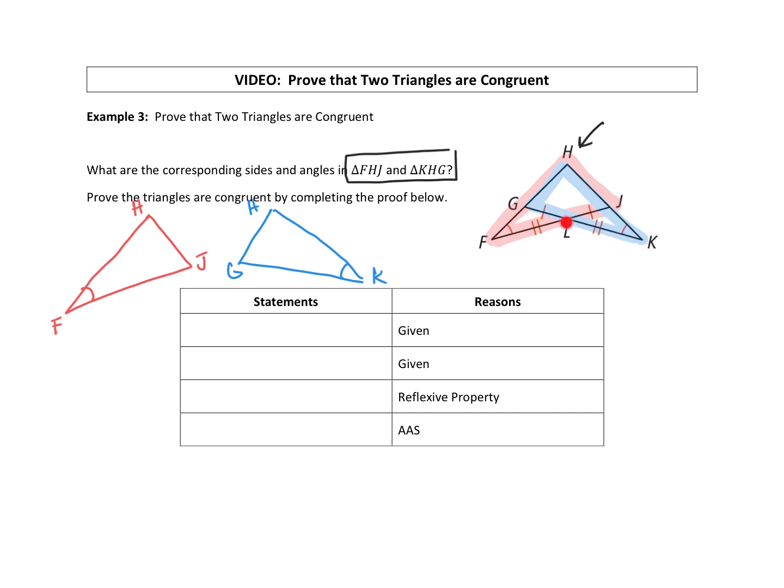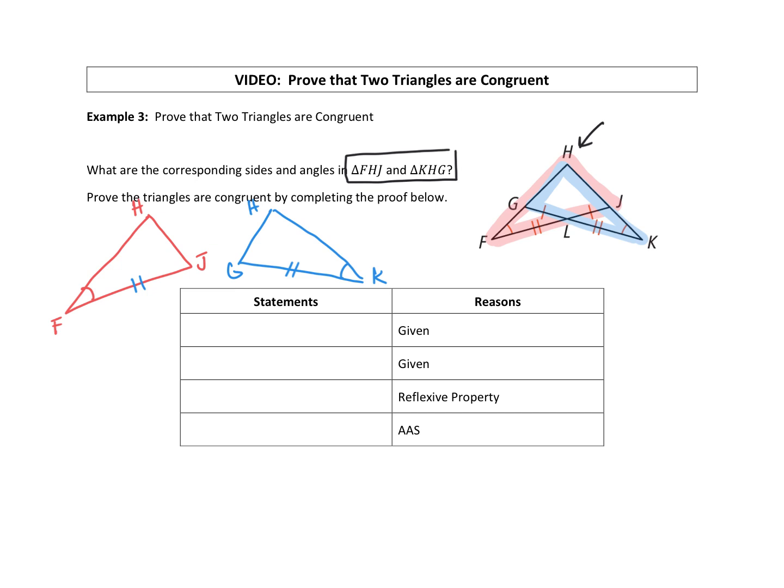So two congruency marks, one congruency mark. So that entire segment will be the same as this entire segment. So I'm going to go ahead and mark that congruency in the picture. FJ will be congruent to KG.